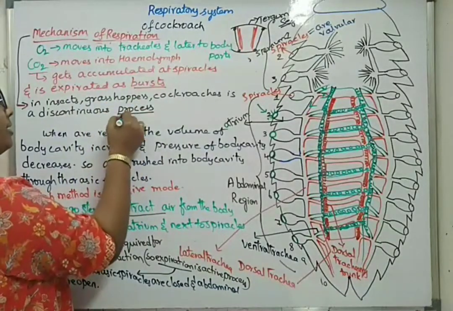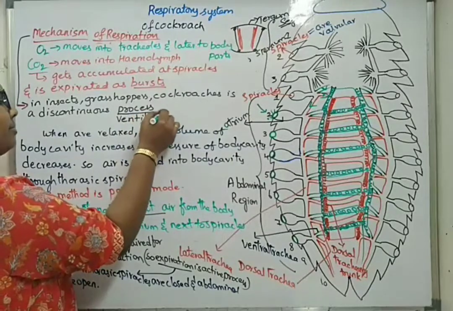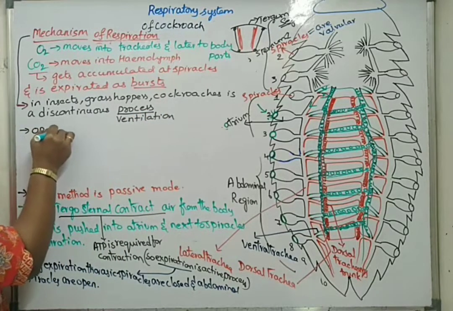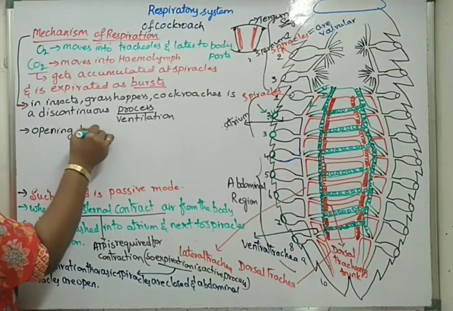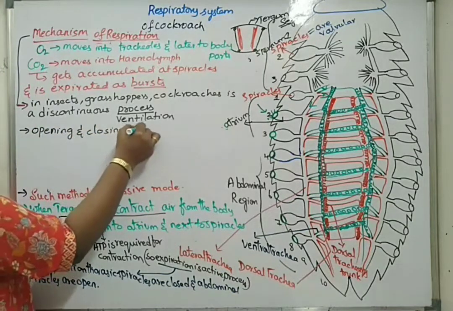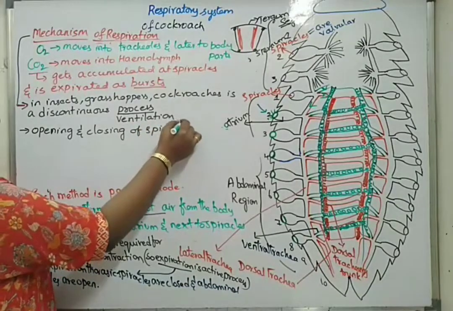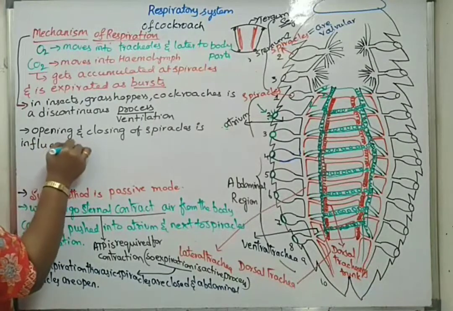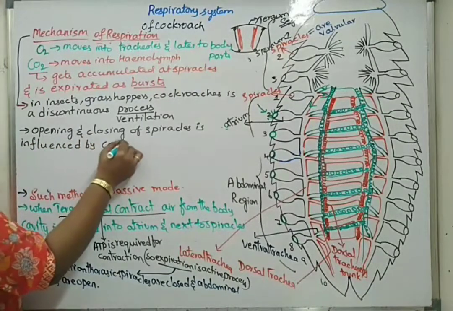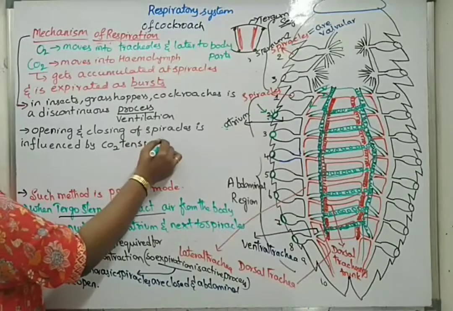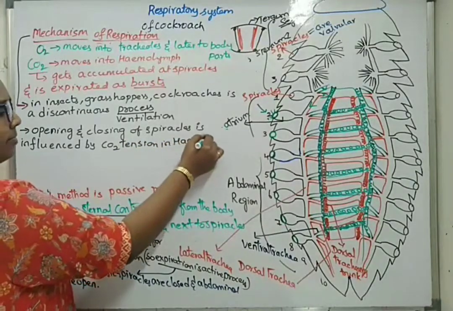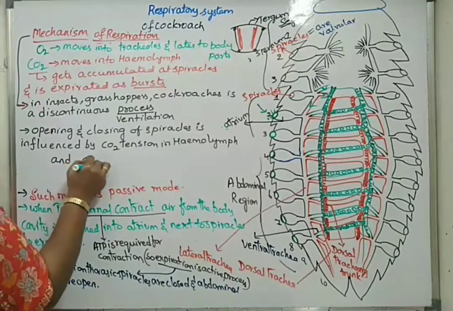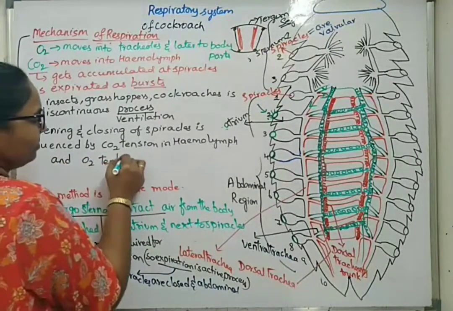This we also term as discontinuous ventilation. So we can say opening and closing of spiracles is influenced by CO2 tension in hemolymph and oxygen tension in trachea.